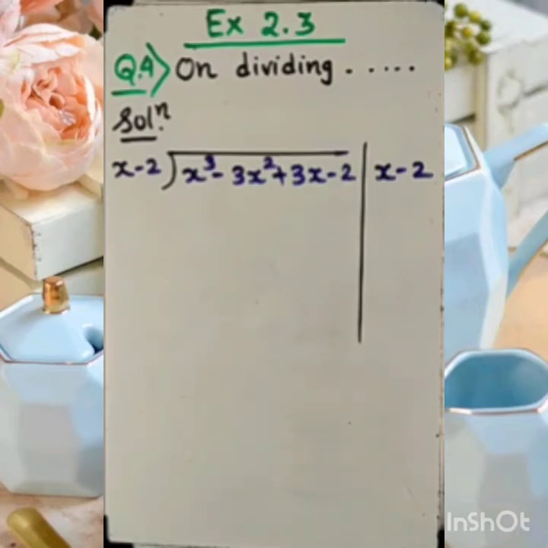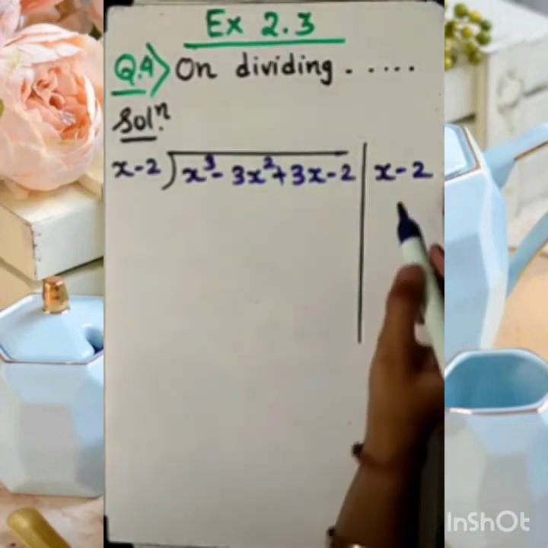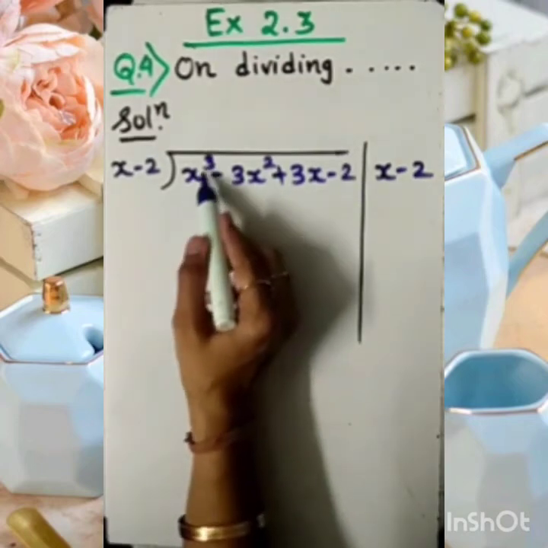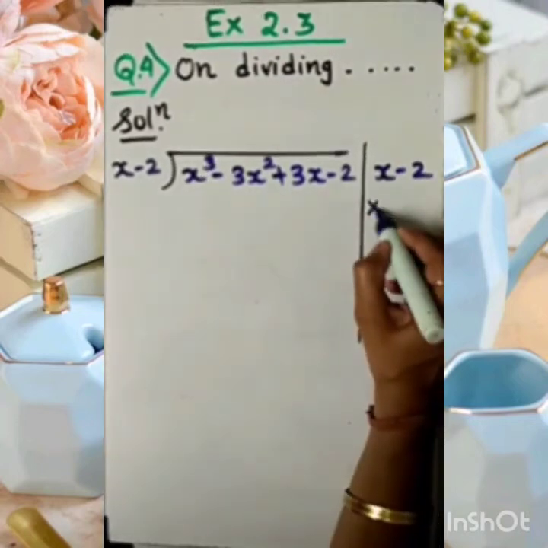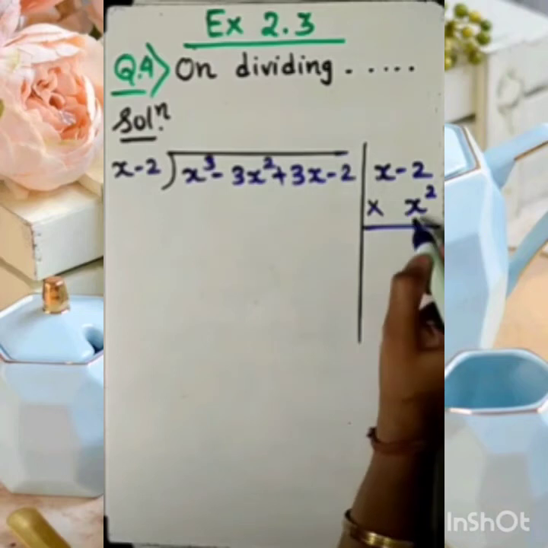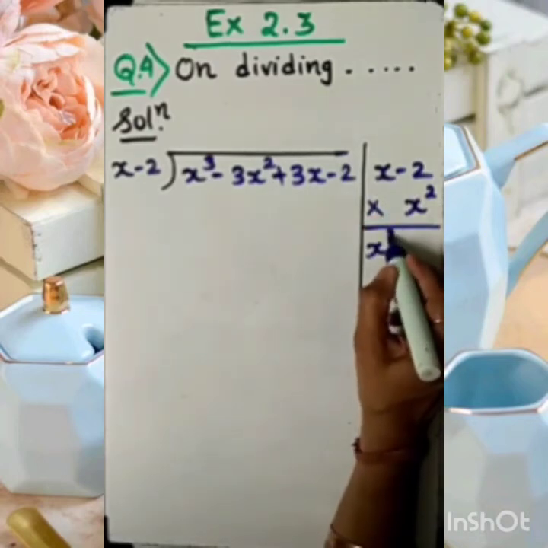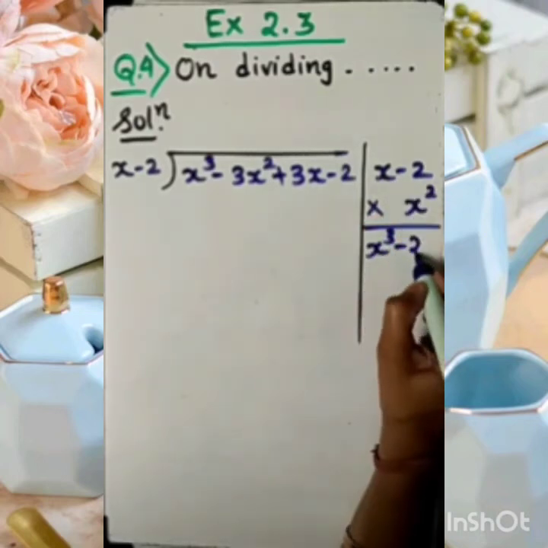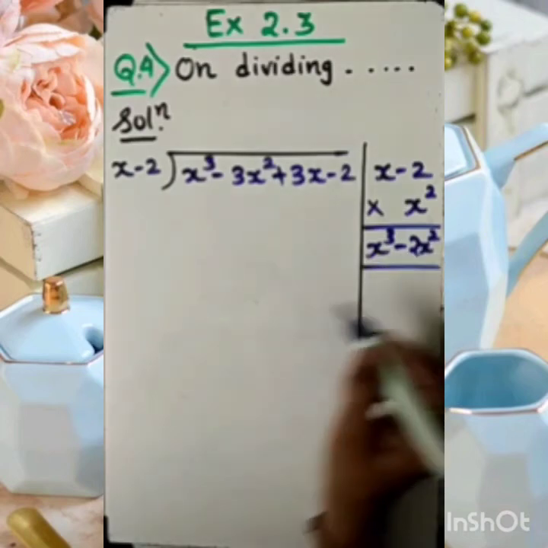Here we are dividing this given polynomial p(x) by x minus 2. Here we want x cube, so I need to multiply with x square. The multiplication will be x cube minus 2x square.